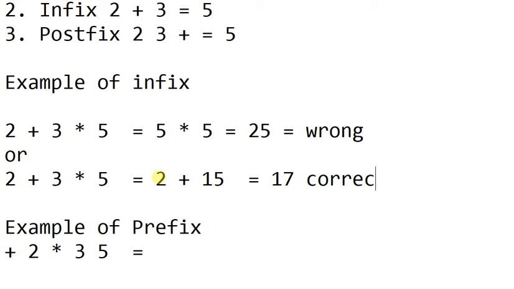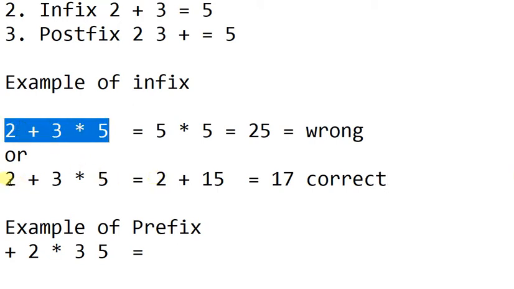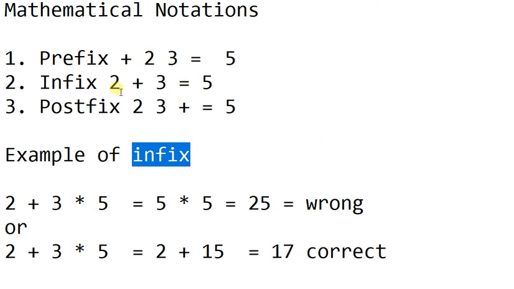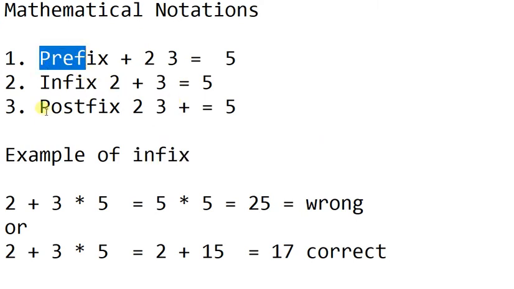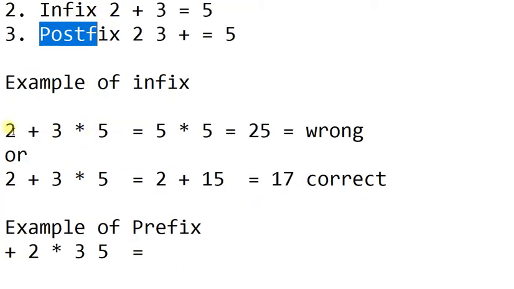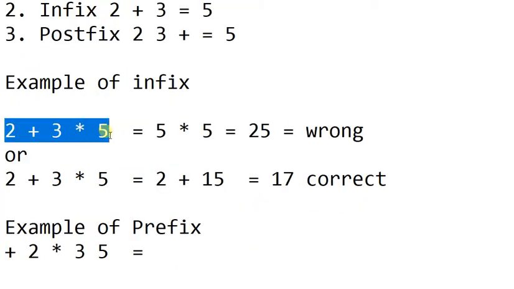So infix notation creates confusion sometimes. To avoid those confusions, we need to convert this infix notation into either prefix or postfix. For example, if we convert this notation into prefix, it would be this one.